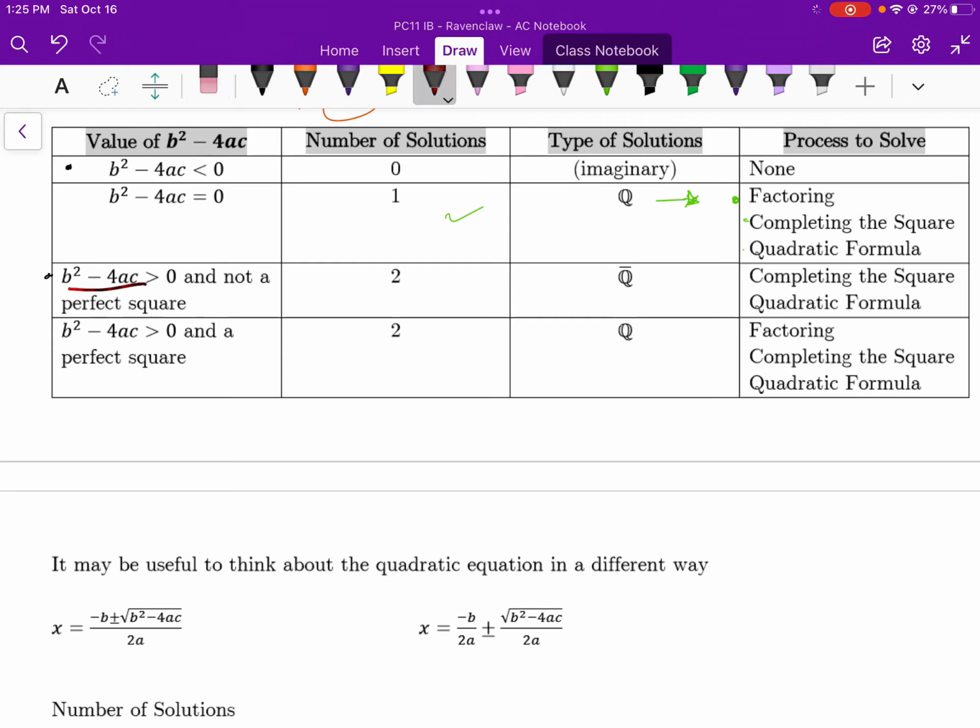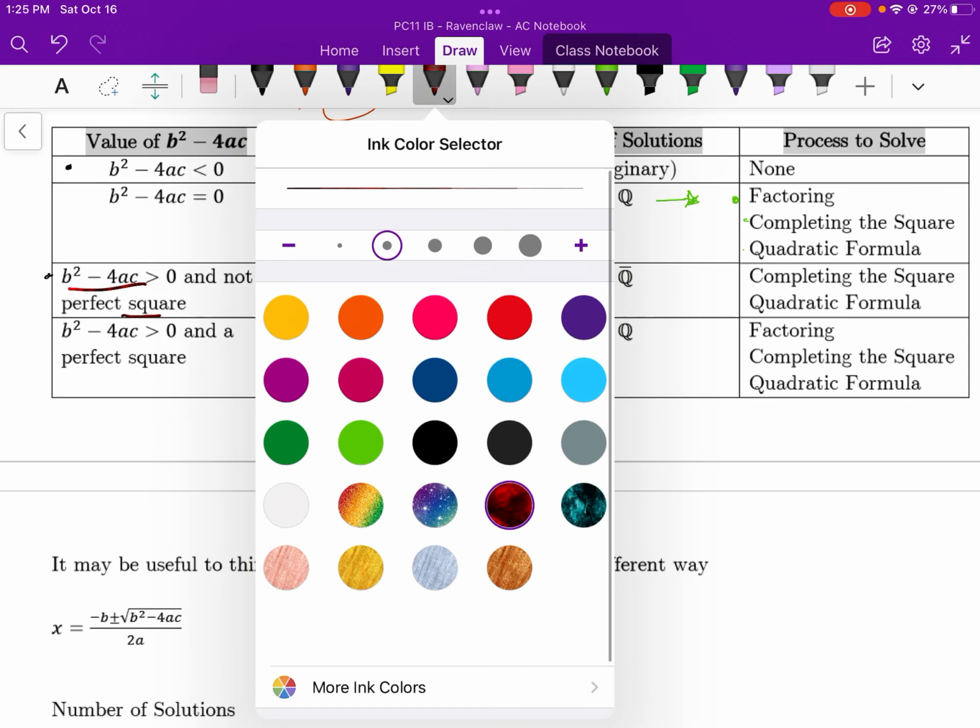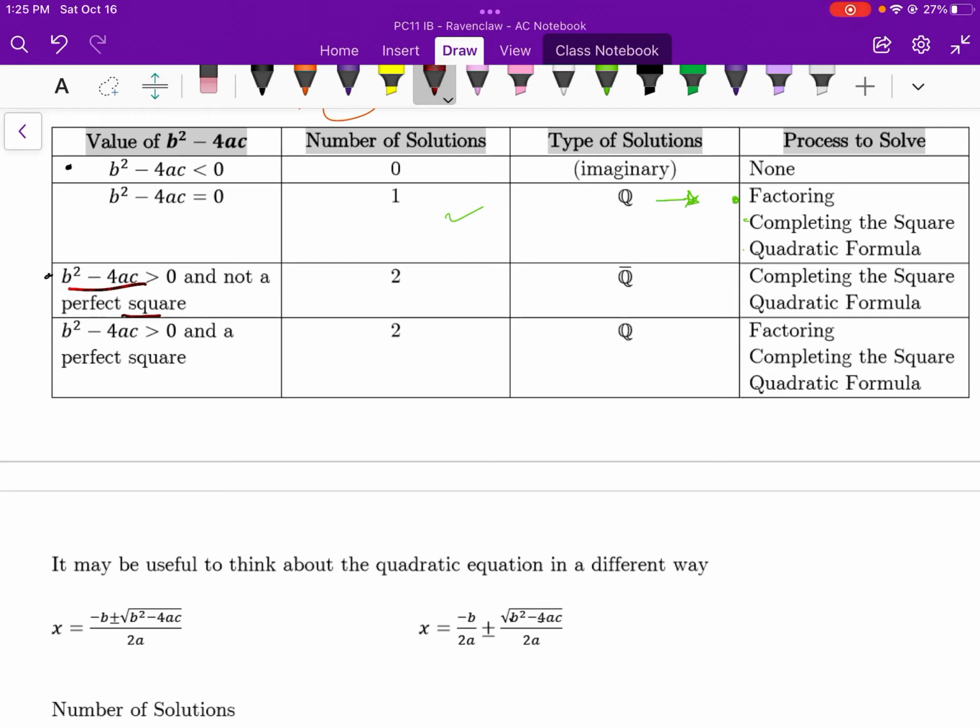So if your discriminant is greater than 0 and not a perfect square, it won't have a perfect square root. That is, there will always be an irrational component to that. So that's why your solutions are irrational. And you cannot factor it, so you have to complete the square or use the quadratic formula.